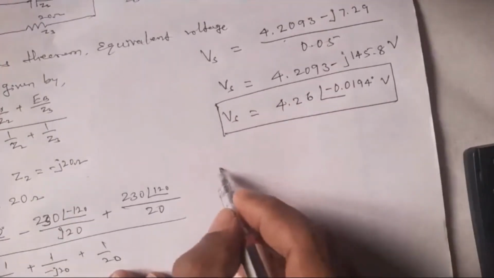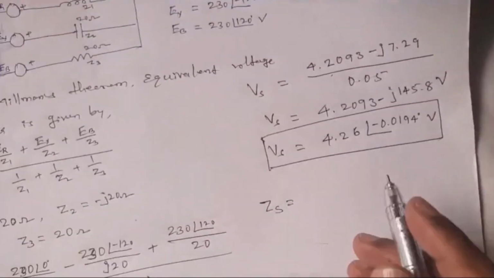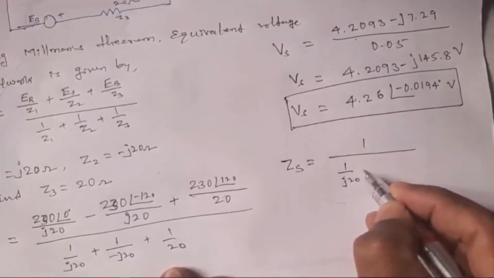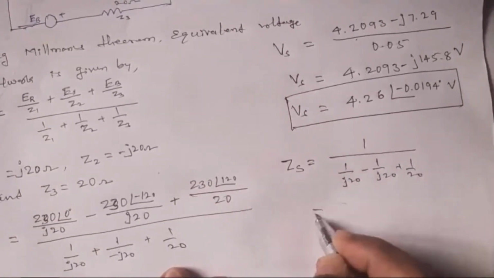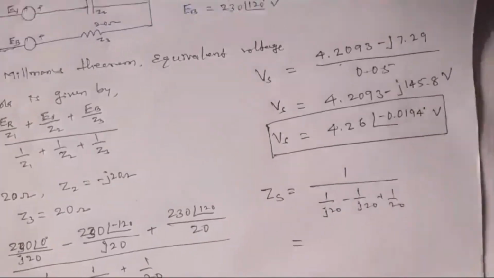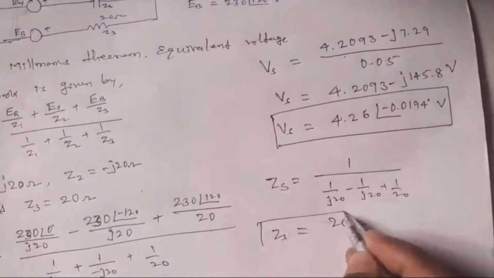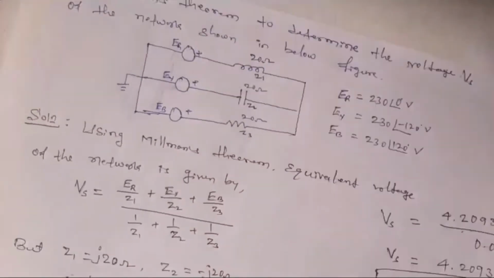That Zs is equal to, because both will get cancelled here, 1 divided by, actually it is 1 by j20 minus 1 by j20 plus 1 by 20, which is equal to, these two will get cancelled, say it is 20 ohm directly. Zs is 20 ohm. So a very simple one, students. Okay, hope this is clear to all of you.